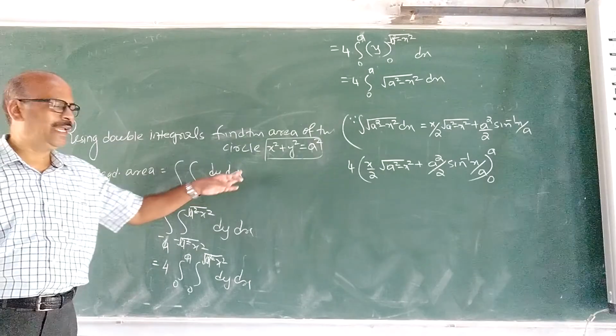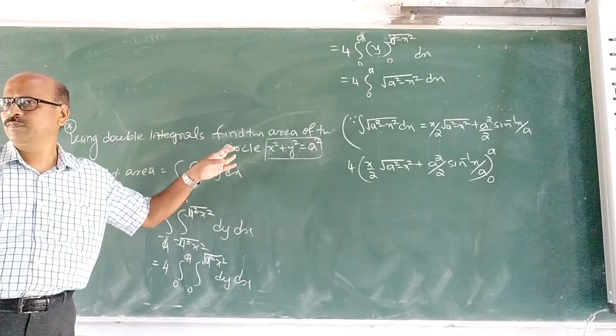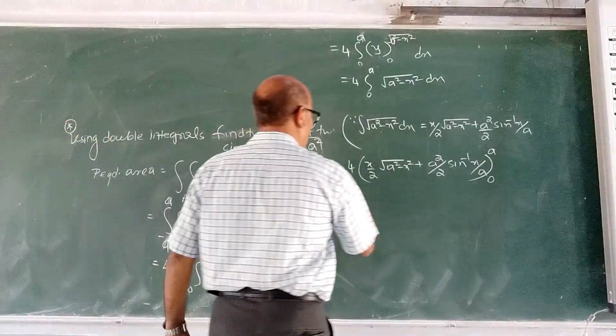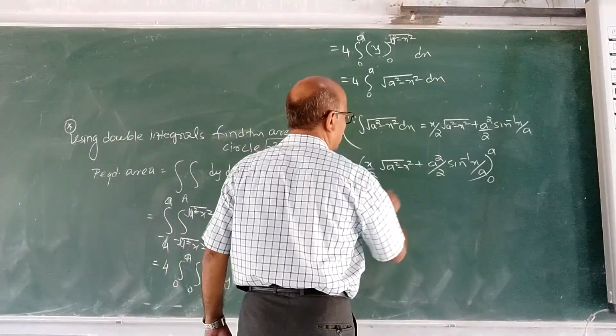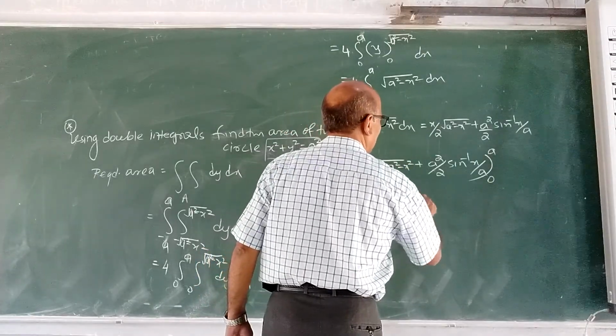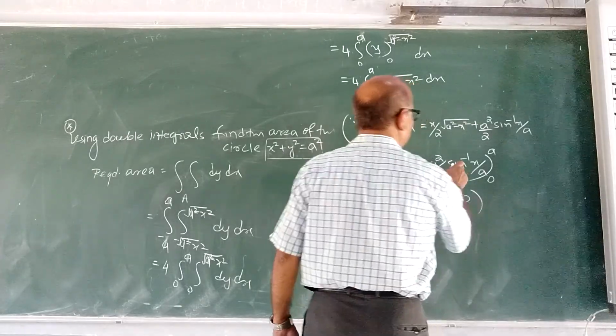So in place of a, you may be given 9, 4, 16, and so on. 4 into, first substitute a, you get a square by 2 sine inverse 1 minus 0, because sine inverse 0 is 0.